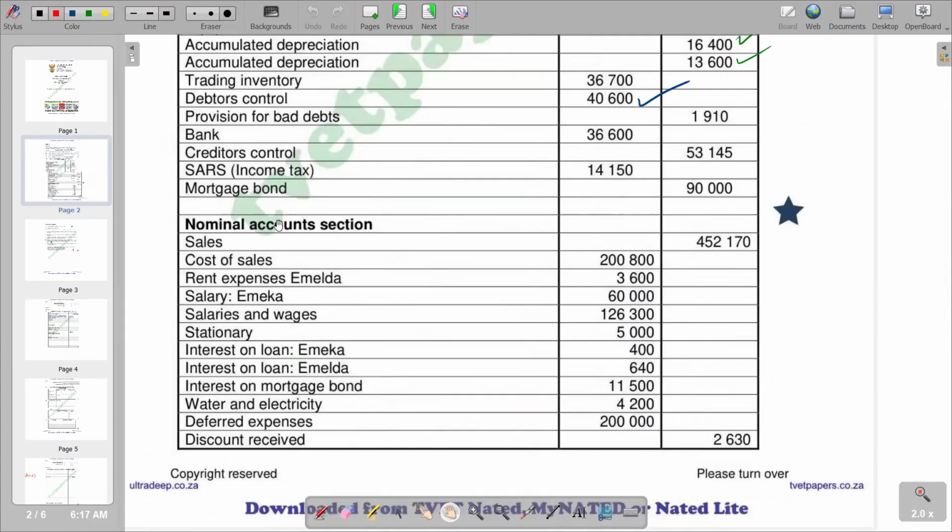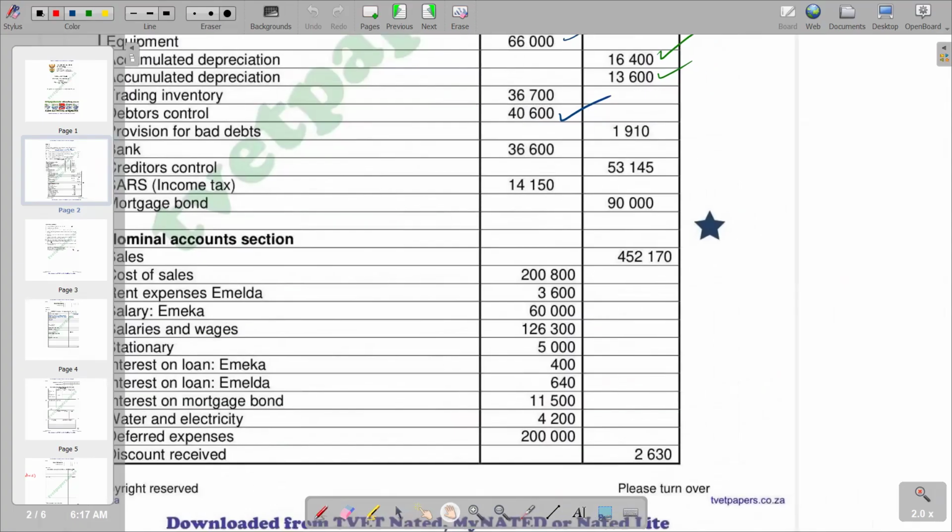Remember, the debtors control figure that we have is 40,600. So we are going to say 5% is 0.05 as a decimal, and then we multiply by the debtors control figure of 40,600 to get the level of provision for bad debts. So we can just try to calculate that one.